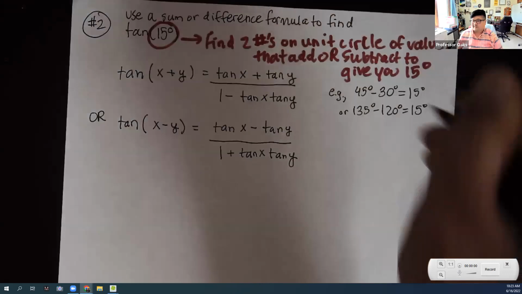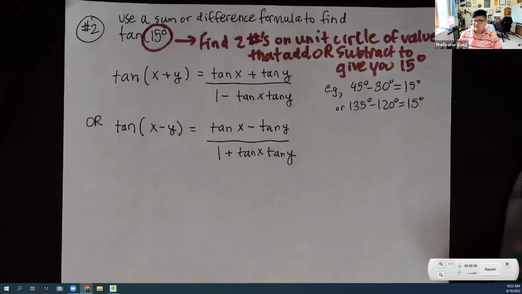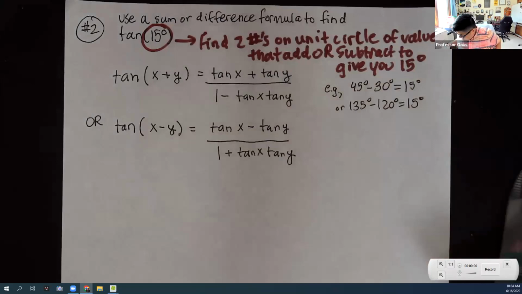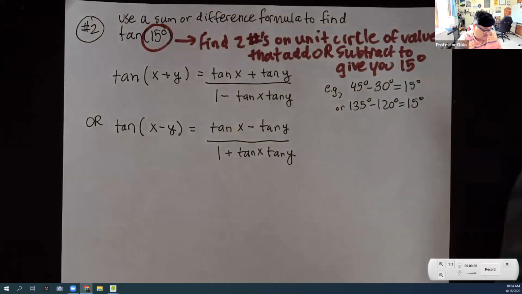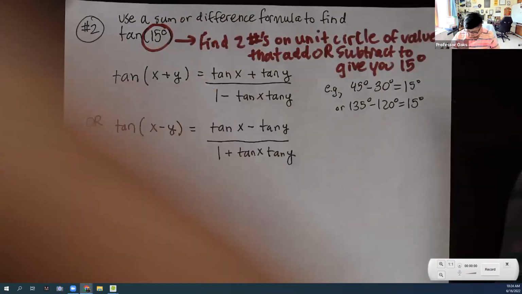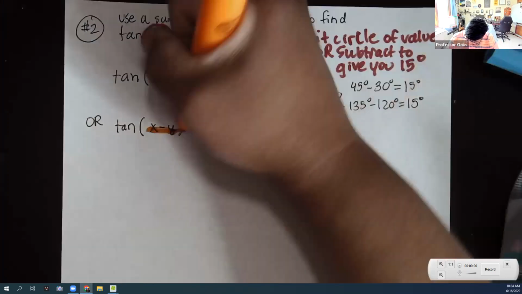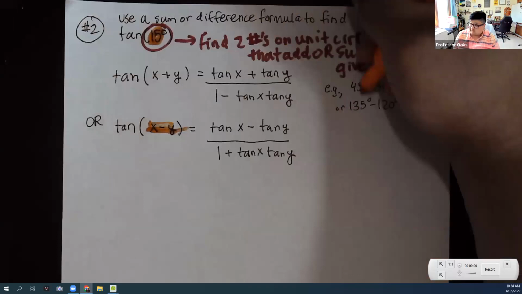So it doesn't matter which one you use. But once you do that, then you just will use that set of values in the formula up here. So 15 is actually the 45 minus 30.